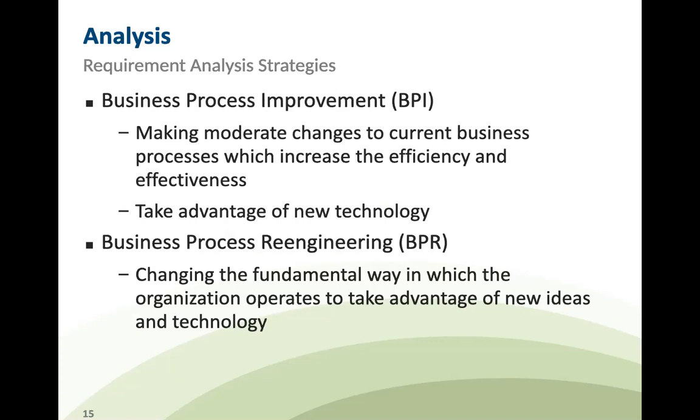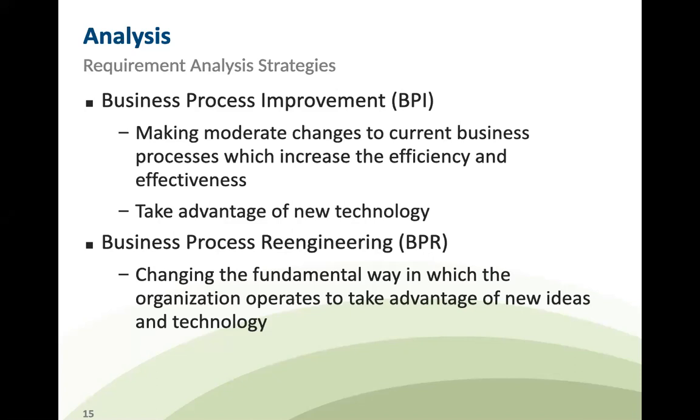It will target the current business processes which have an impact on the efficiency and effectiveness of the business. Those existing business processes will undergo moderate changes, right? Moderate changes means they are going to take advantage of new technology.